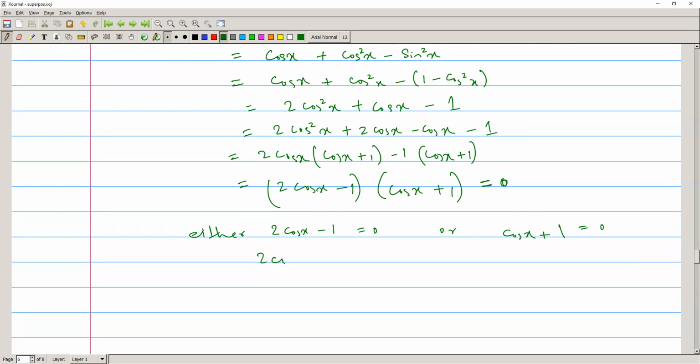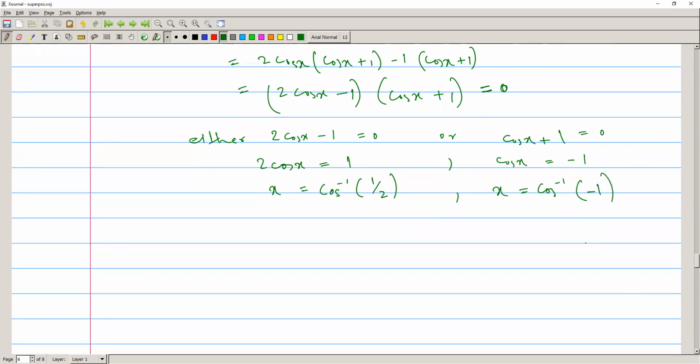So this will be 2 cos x equals 1. Cos x equals -1. So x equals cos inverse of 1/2, and x equals cos inverse of -1. All right, so we know that cos inverse of 1/2 is 60 degrees.